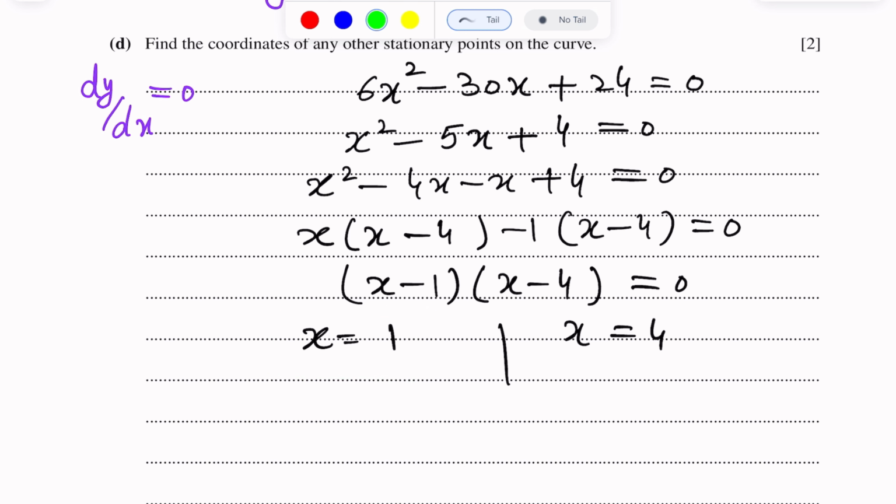Now we also have to find the y coordinate of this stationary point where x is equal to 1.